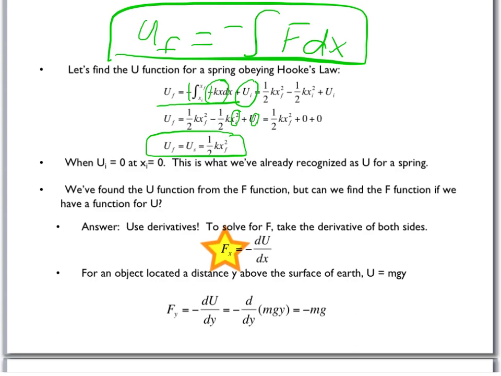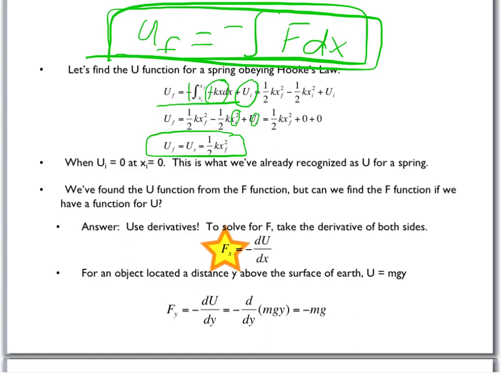Now, if we know that we could find the potential energy function from a force function, does it work the other way around? Could we find a force function if we knew the function for potential energy? And that answer is absolutely yes. If we say that the potential energy is equal to the negative integral of the force, we can simply undo this function, or work backwards, to find an equation for force instead.